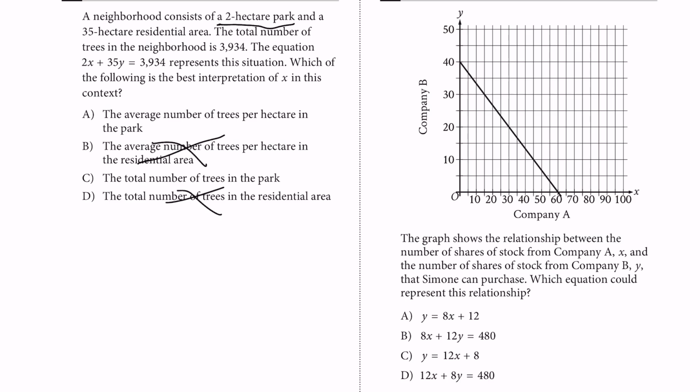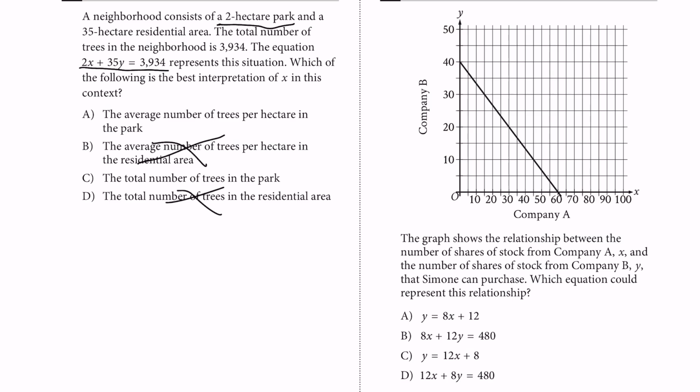Now, what we're left between is the average number of trees per hectare in the park and the total number of trees in the park. So if we think about this, one way to think about this is imagine a scenario where all of the trees in the neighborhood are in the park. That's to say there are no trees in the residential area. This equation, this 2x plus 35y equals 3,934, should represent the number of trees in the neighborhood.